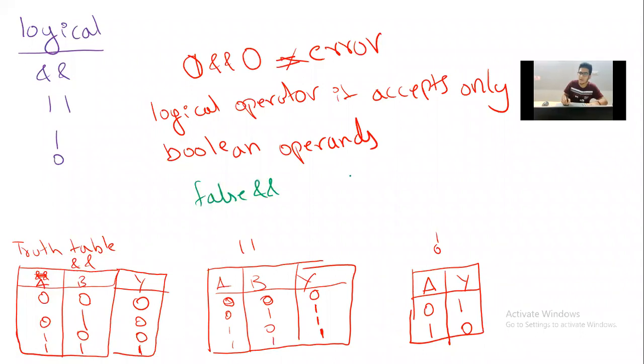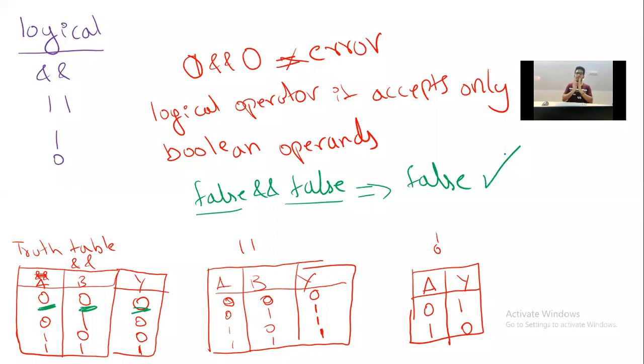Now, don't you think both are Boolean operands? Yes, when both are Boolean, only then your output will be Boolean. So what is false and false? False and false is false. So the answer will be false here. This is the way to write it.